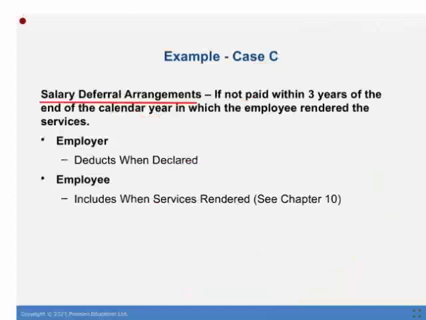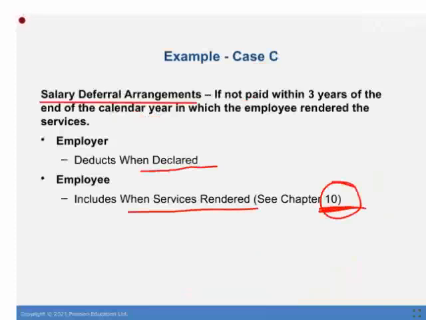In that case, if this is officially a salary deferral arrangement, then the employer can deduct it when it's declared, and the employee will actually include it when the services are rendered. So this is an exception to that kind of general rule.